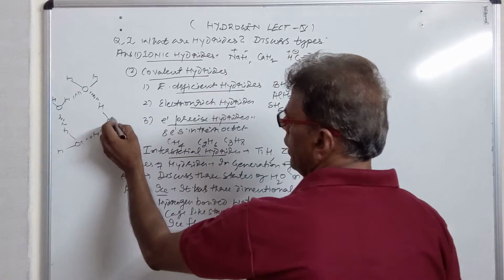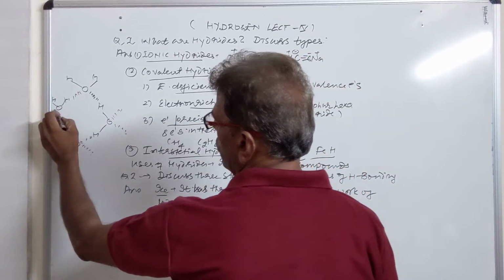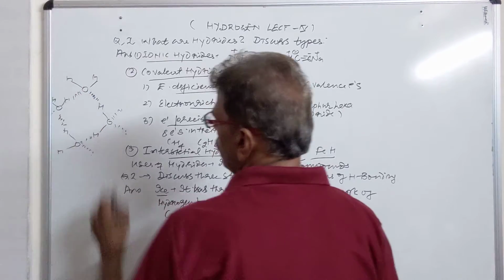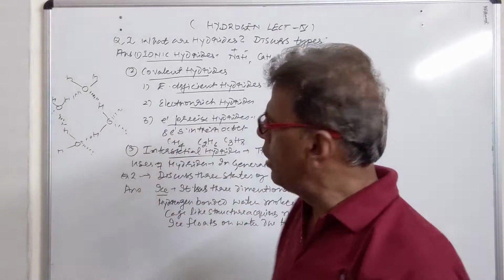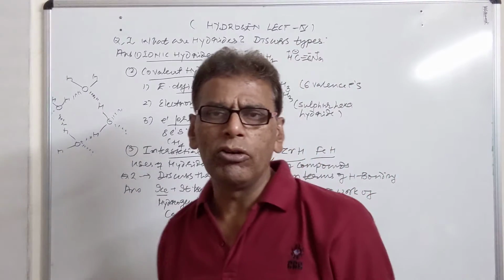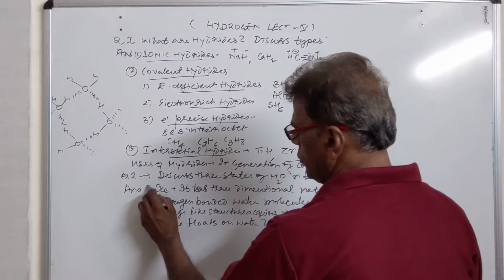So these are the cage-like structure. Each oxygen is capable of forming 4 hydrogen bonds, 2 hydrogen bonds and 2 covalent bonds. This is a 3-dimensional network of the water molecules. Water molecules are held together by means of hydrogen bond. So this is the first form of water.